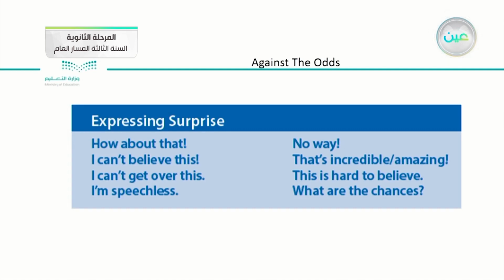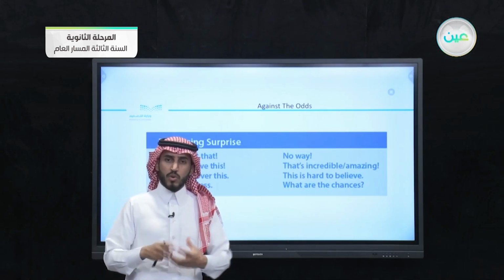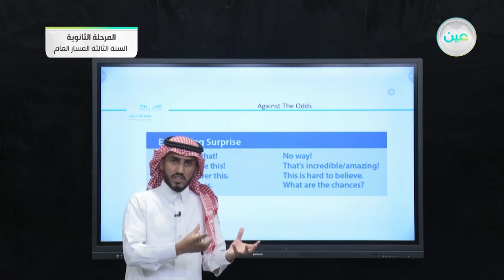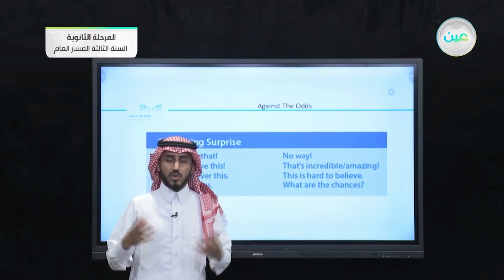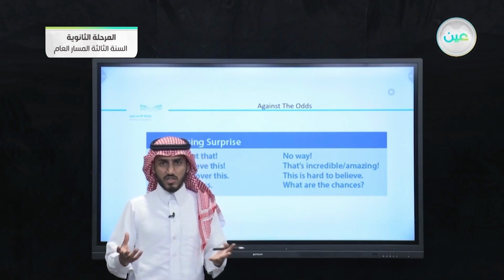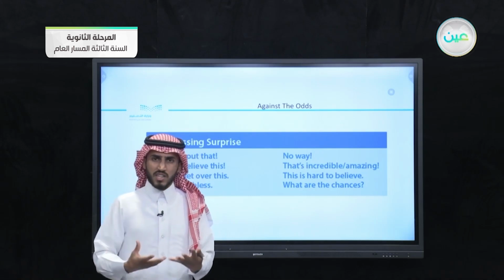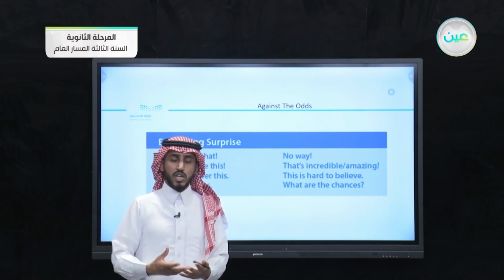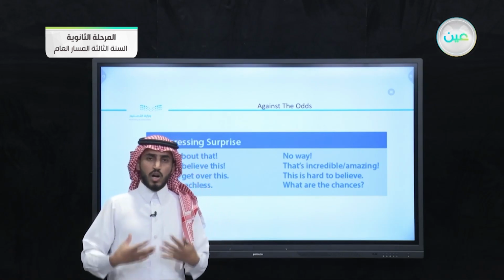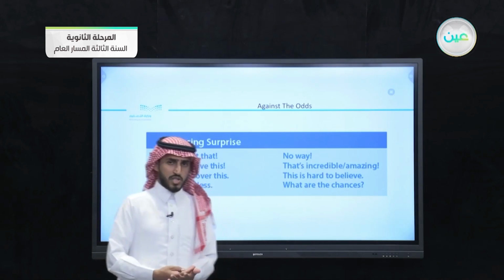In the previous conversation between Ahmed and Fahad, they were surprised because they met each other in Beirut and they were both living in Jeddah. So it was a coincidence. They were surprised. There are many ways to show how surprised you are about something. If you are in a surprising situation, you can express how surprised you are by using some expressions.